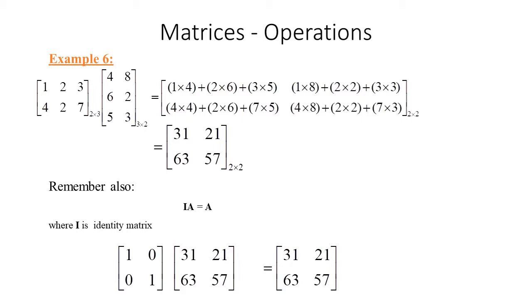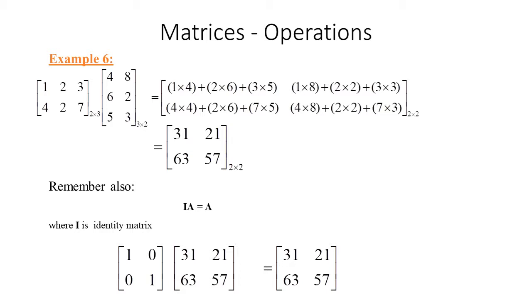Let us see example number 6. We are given two matrices and the operation is multiplication. The first matrix is of order 2 cross 3 and the second matrix is of order 3 cross 2. Now let us check whether we can multiply or not.